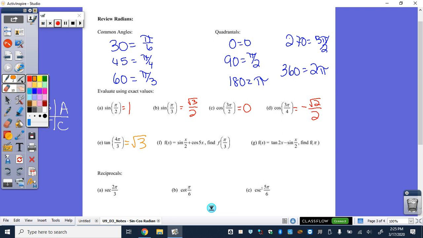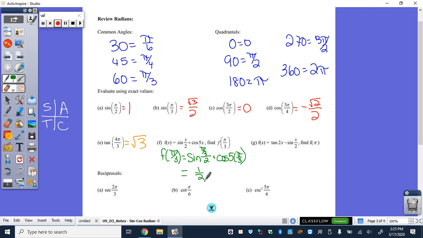Here, f of pi over 3 over 2. Pi over 3 is 60. 60 divided by 2 is 30.